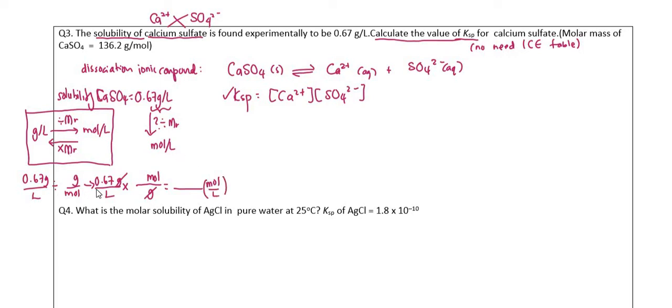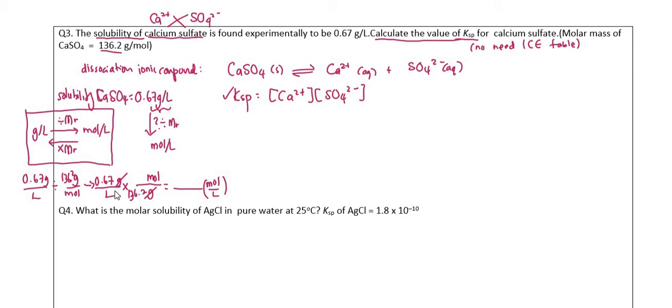For this case, you want to divide 0.67 by Mr. The Mr for calcium sulfate is already given, 136.2 gram.